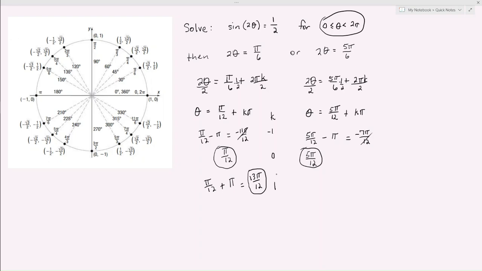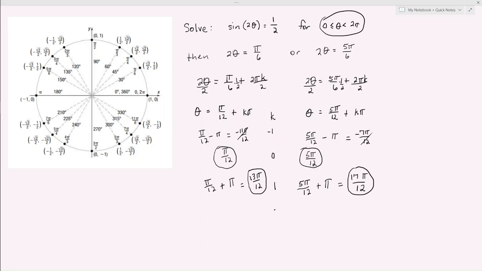Okay, so keep that. Over on this side, when k is equal to 1, we get 5 pi over 12 plus pi. And that's going to equal 17 pi over 12. Okay, and that is also within 0 and 2 pi, so we're going to keep that.